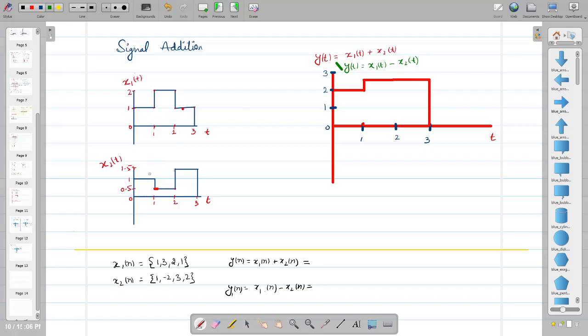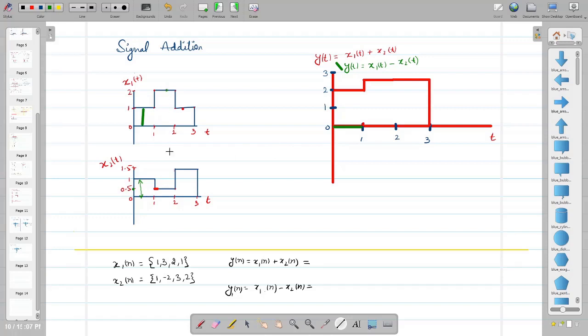Just for representation, we have one amplitude here and one amplitude here. So it is 1 minus 1, which is 0 up to 1, and after that it has 0.5 amplitude and 2 amplitude.